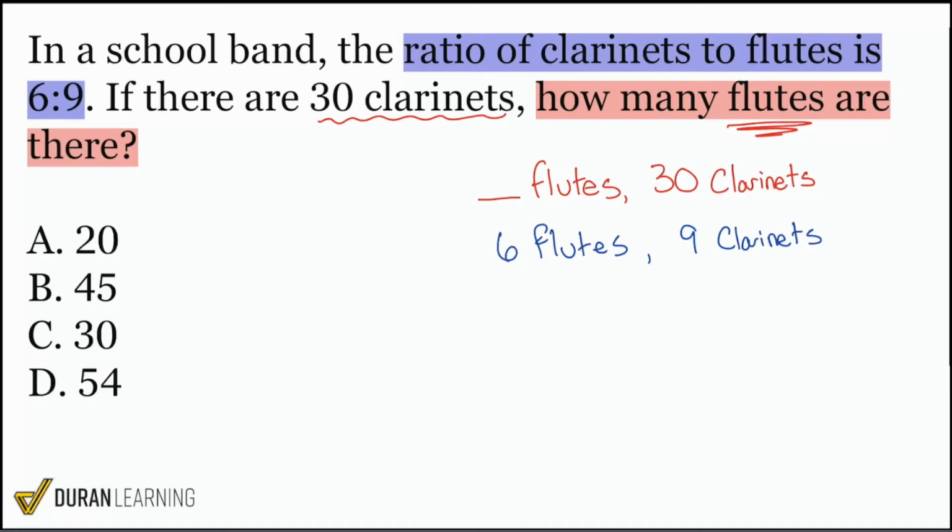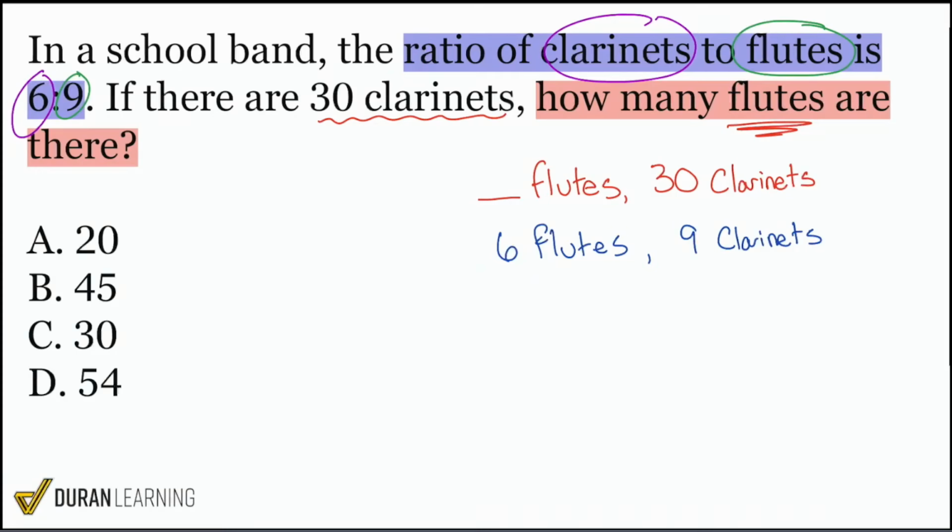When we have the ratio of clarinets to flutes, 6:9, which of these items was said first? Clarinets or flutes? Yeah, the first number adheres to the first item. The second number, the second item.